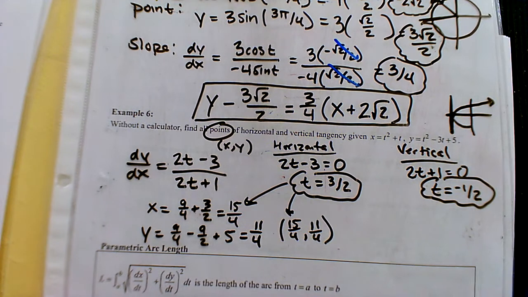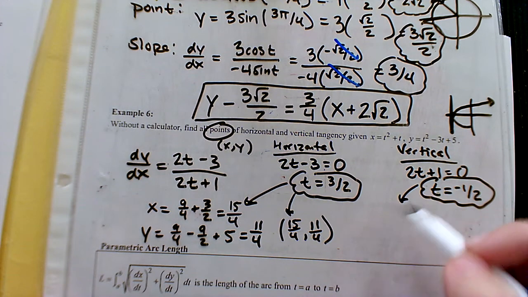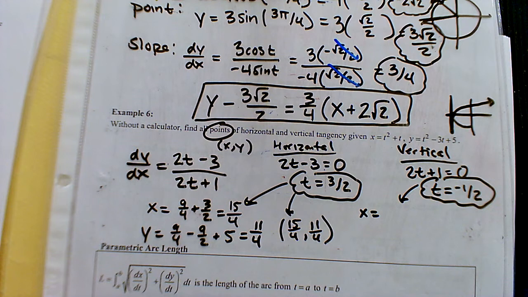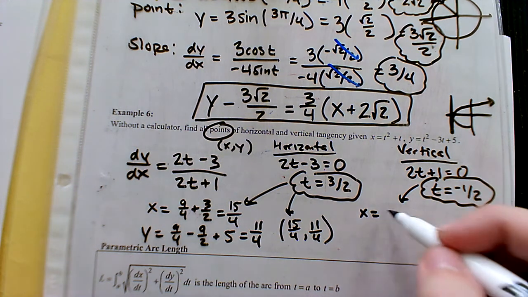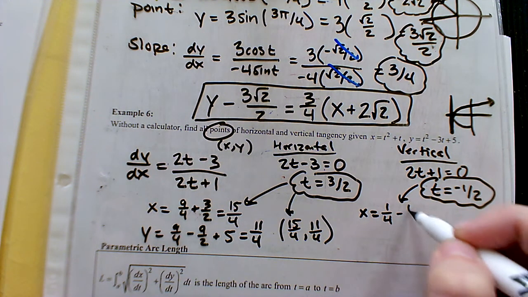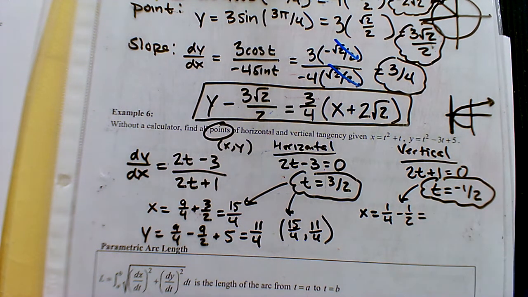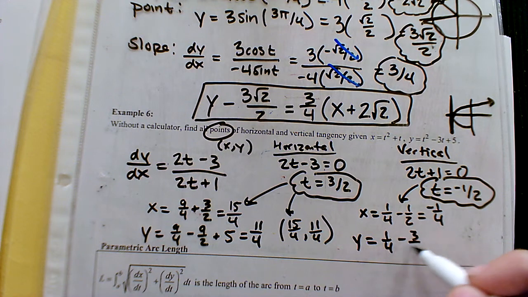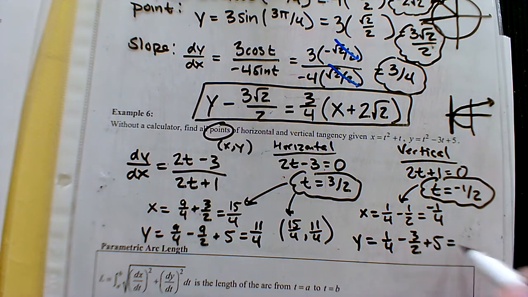We're going to repeat the process for the vertical one. So let's see. In the x equation, if we plug in -1/2, we'll get 1/4 minus 1/2, which is -1/4. And then for the y equation, -1/2 squared, we got 1/4 minus 3/2 plus 5.